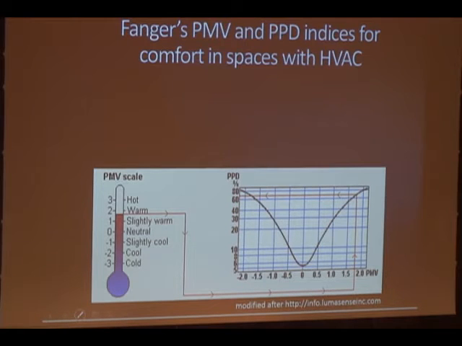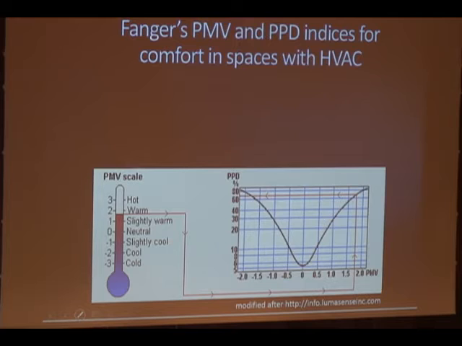The second index, very interesting, and very useful as well from an engineer's practical point of view, is the predicted percentage dissatisfied, or PPD. And PPD is taking account of the fact that we're not all the same, that actually our thermal comfort responses to a given exposure vary from one individual to the next, but if you had a large group of people exposed to the same conditions, they would describe something like a normal curve, a normal distribution.